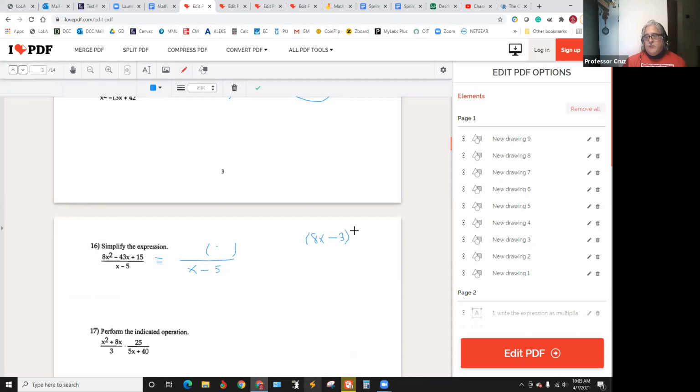Now, let's just see if that's right. So 8x times x is 8x squared. 8x times minus 5 is minus 40x. Negative 3 times x is negative 3x. And negative 3 times negative 5 is plus 15.